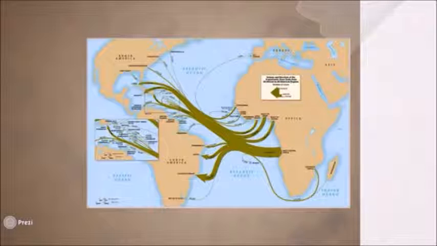Slaveholders used profits from these exports to expand their land holdings and purchase more enslaved Africans, perpetuating the transatlantic slave trade cycle for centuries until various European countries and new American nations officially ceased their participation in the trade in the 19th century, though illegal transatlantic slave trading continued even after national and colonial governments issued legal bans.